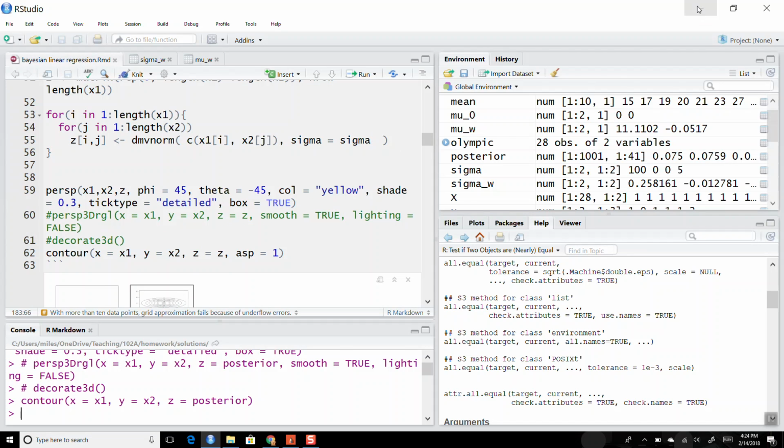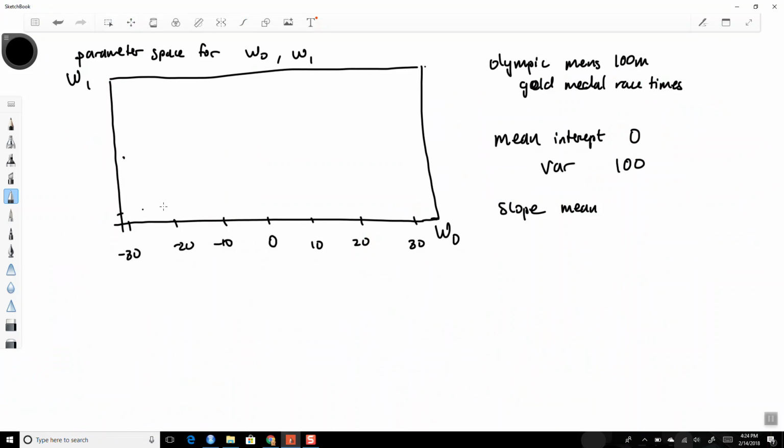Okay, I said from -6 to 6. So the slope mean is 0, and the variance is actually, I think, 5. So basically -6 to 6, square root of 5 is a little bit more than 2. So this is much bigger than it needs to be, right?